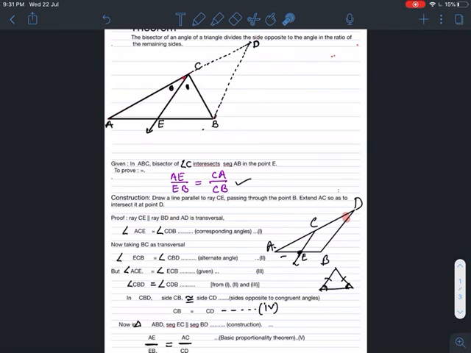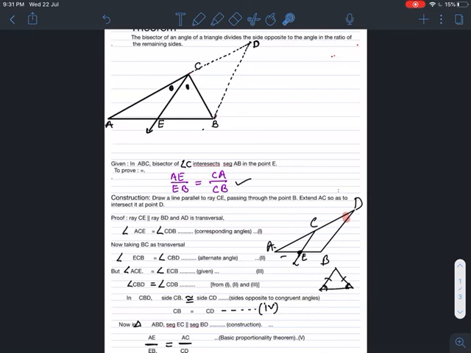Now if we observe triangle ADB, AE upon EB is equal to AC upon CD, since these are parallel lines, by basic proportionality. But instead of CD we have to show CB, means our aim is to show CD and CB equal. How to show CD and CB equal?